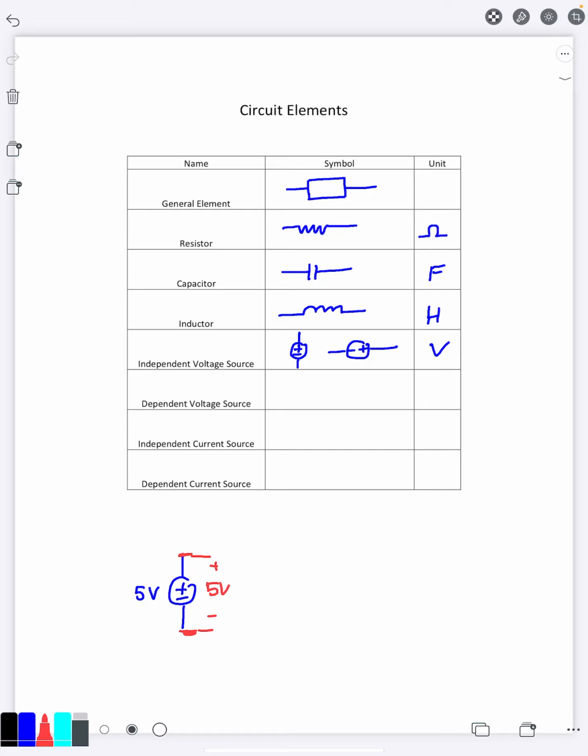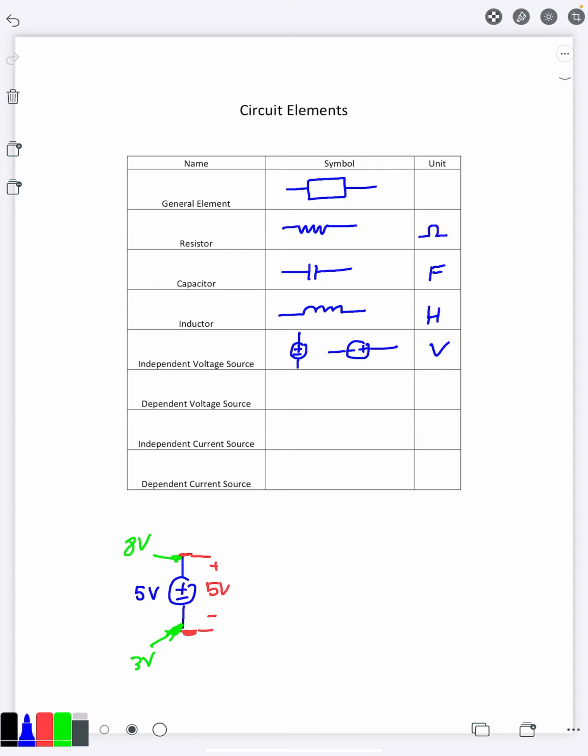Now I'm going to have a separate video on what voltage is, and we'll talk more about it later, but just keep in mind that, for example, if this bottom point by itself had happened to be 3 volts, then you're guaranteed that this top point is going to be 5 volts higher, or 8 volts. So always the plus side of the voltage source is indicating the point that has a higher potential, and the negative side is the point that has a lower potential.